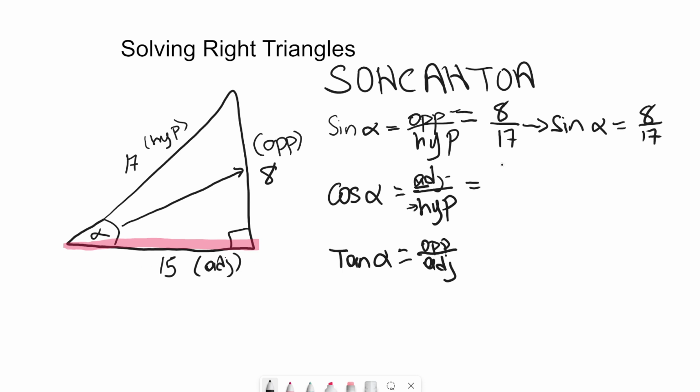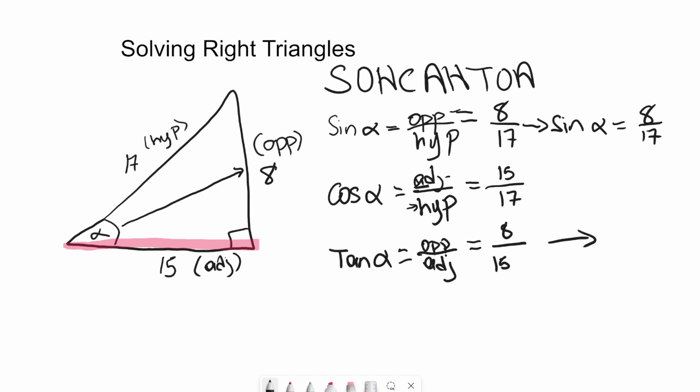My adjacent side is 15, so that's 15 over 17. Lastly, my tan ratio is my opposite side, which is 8, over my adjacent, which is 15.